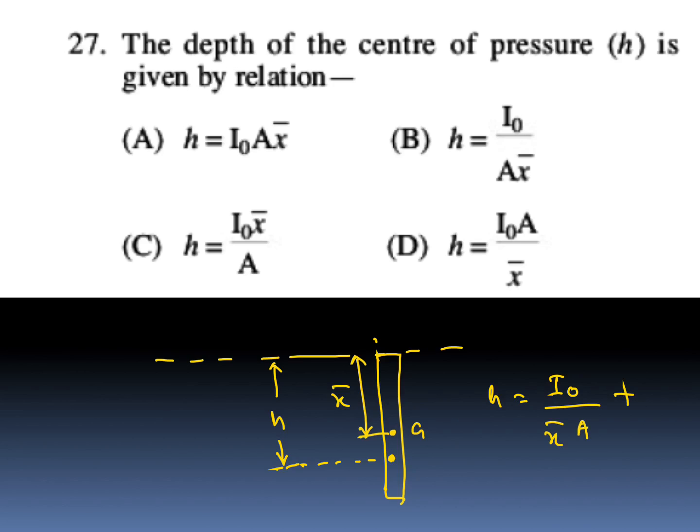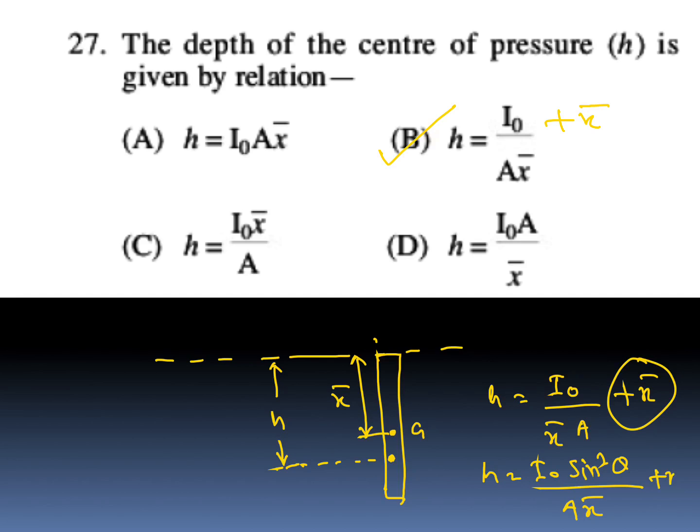Here in the option, this portion is missing. I think some printing mistake. B is your answer. It should be plus X bar. In case of an inclined surface, H will come I G sin square theta divided by A X bar plus X bar. And one thing you should remember, it's always below the center of gravity point.